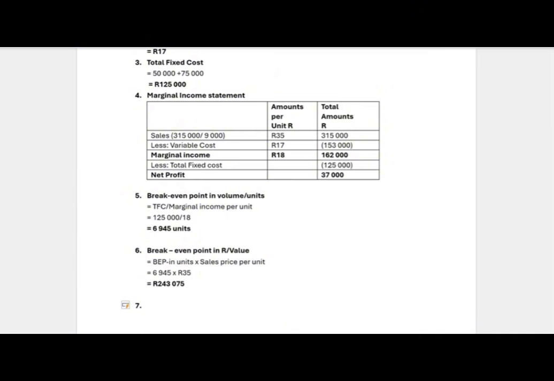Number 7, let's check what they are asking. On number 7, they say to you, test your break-even point. So we need to test our break-even point.